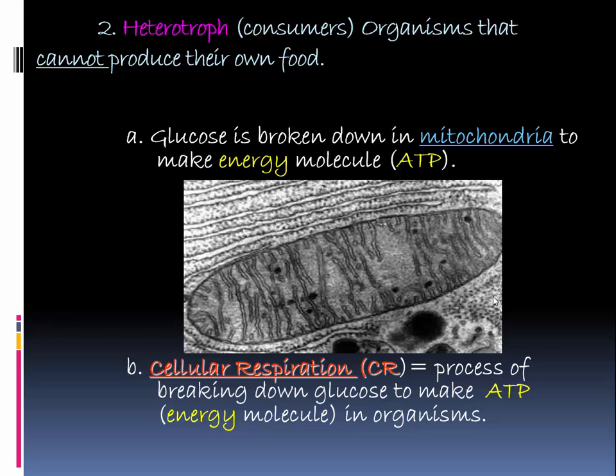And the process that they use in order to make that ATP molecule is called cellular respiration. Cellular respiration is a process of breaking down glucose to make ATP, that energy molecule, in organisms.